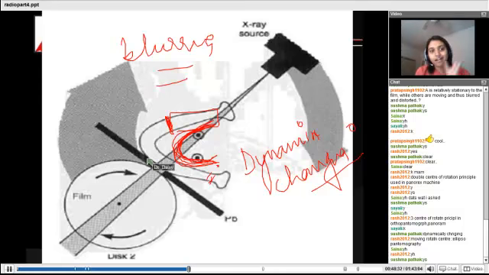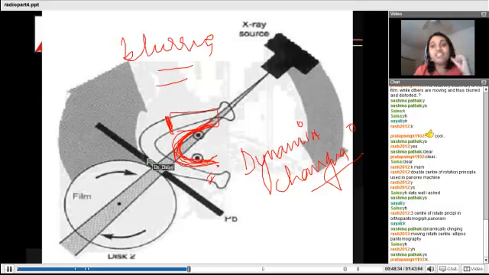We wanted our object to be stationary in relation to the image receptor. If our object moves, we want it to move at the same speed as the film, so that it is relatively stationary. If the speed changes, if the image is moving slow or the object is moving slow, in either case there will be distortion of the image. How the distortion will happen, we'll talk about in a while.